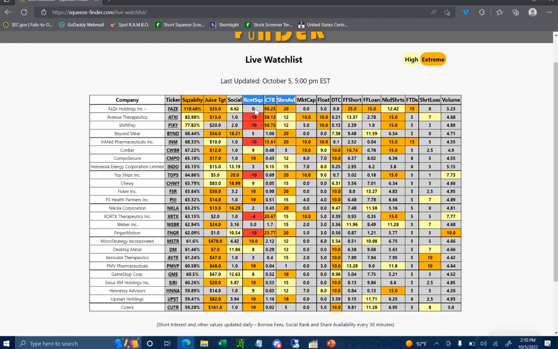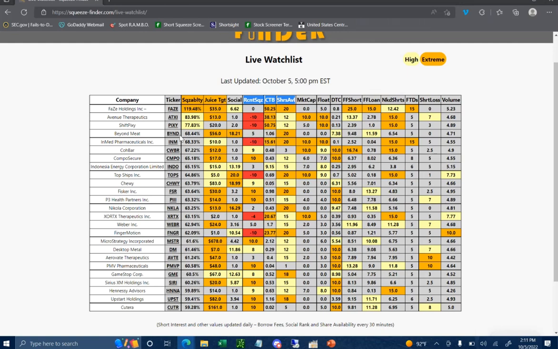That scenario is extremely rare, but if you see that, I'm not going to tell you what to trade, but I will be buying a large position in that ticker as soon as I see that triple orange here.